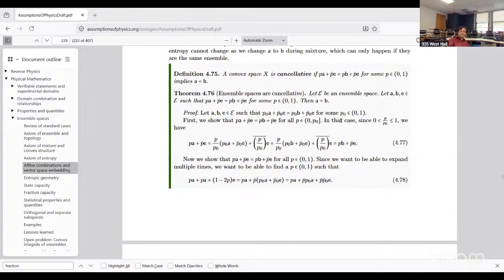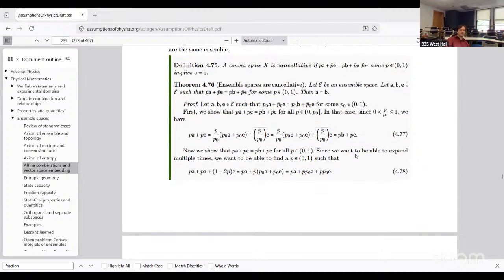And the way that you do it, you can essentially rewrite this PA plus P bar E as a mixture with the P0 plus something else that is still E. And then you say, okay, but this part here is equal to B. And then you re-put this together and you just switch the B at the end. Okay, so this is true for everything.